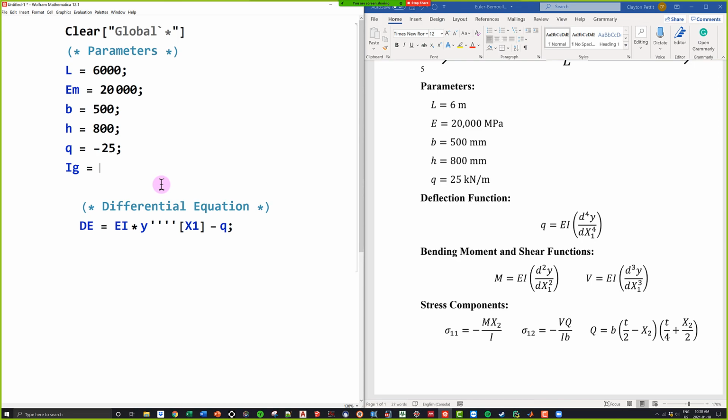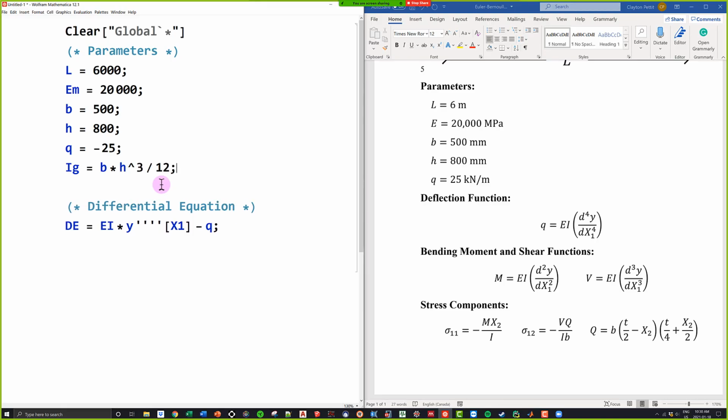What do you guys think? Moment of inertia of a rectangle. All right, you guys all got it. That's exactly correct. So we're going to go base times height cubed, oops, cube, divided by 12.